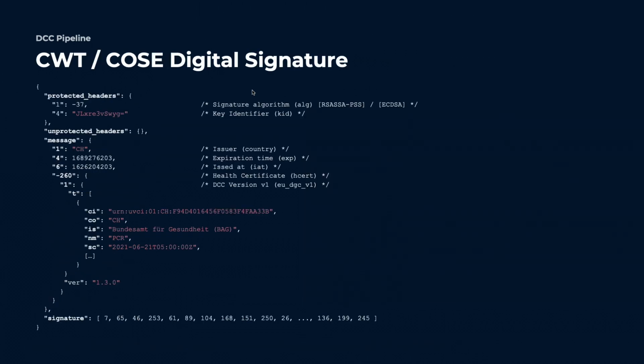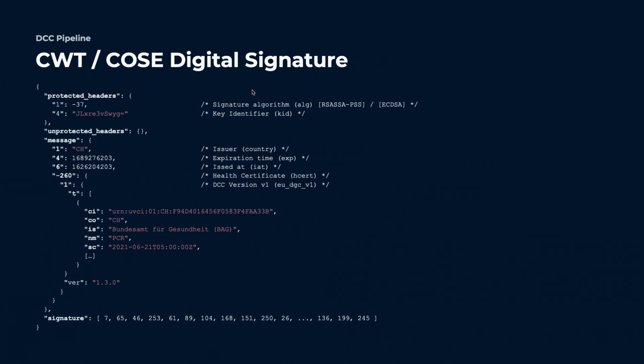So let's look at that. We take the JSON from before and we put it into this. This is a simplified JSON representation of this binary format. Binary is a bit hard to read, that's why I still put it in JSON, but it would look like this in a binary format. We say which algorithm is used to sign this document up there, whether it's an RSA or an EC signature.